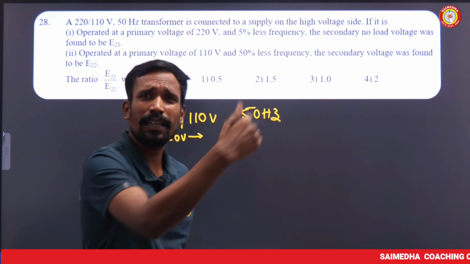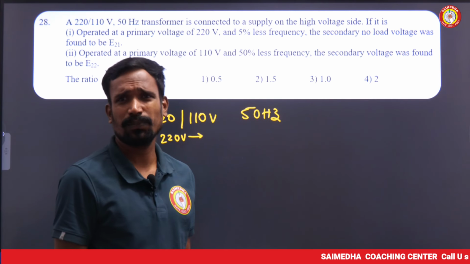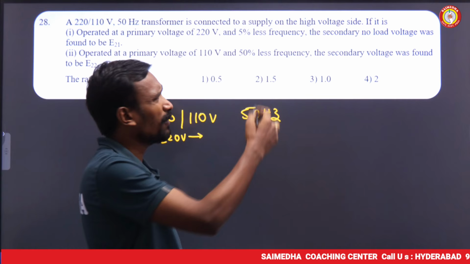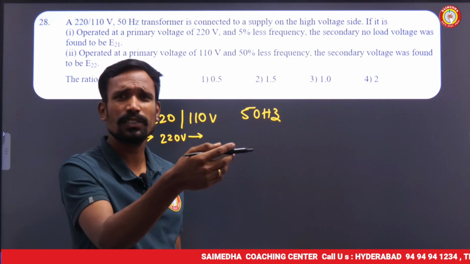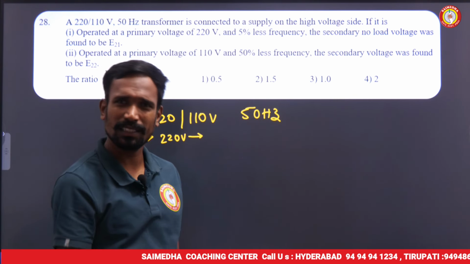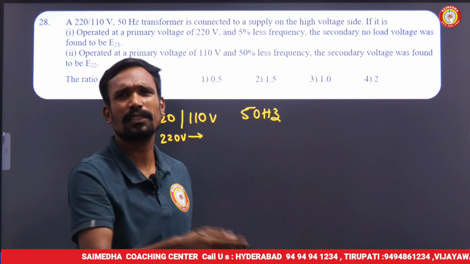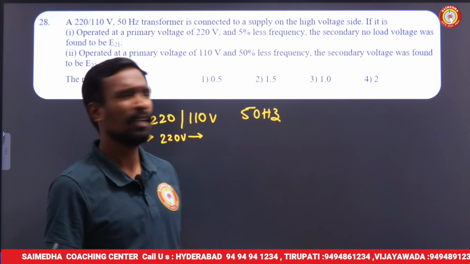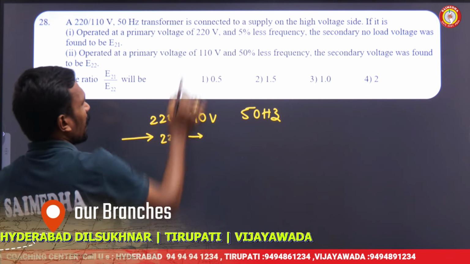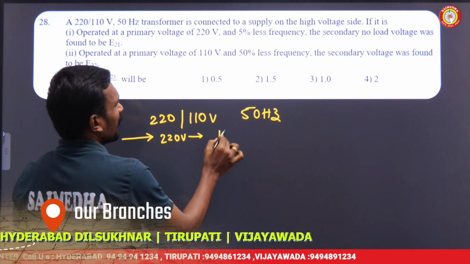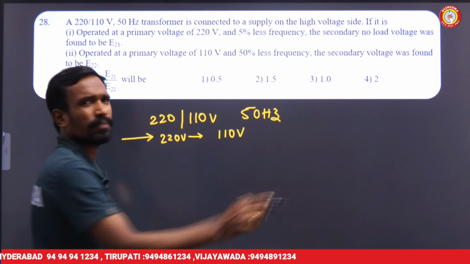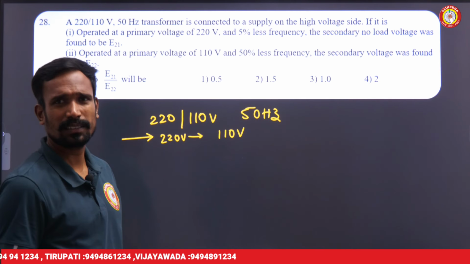If they give only a 5% or 10% change in frequency, the EMF won't change. The flux density may change. So here, if the primary is 220, the secondary is 110 volts, even though frequency changes.